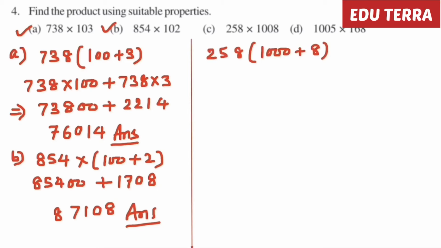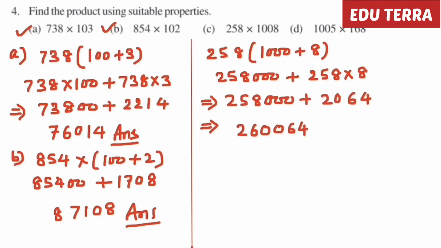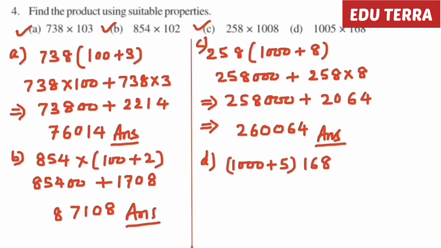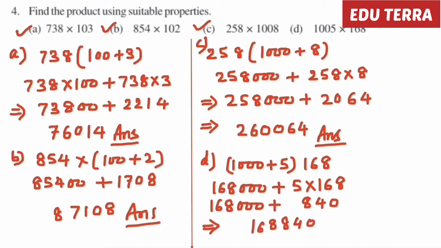So simply 258,000. So it will come. So this one is our answer of part C. See part D. We can break 1000 plus 5, then multiply 168. Now this is our answer.